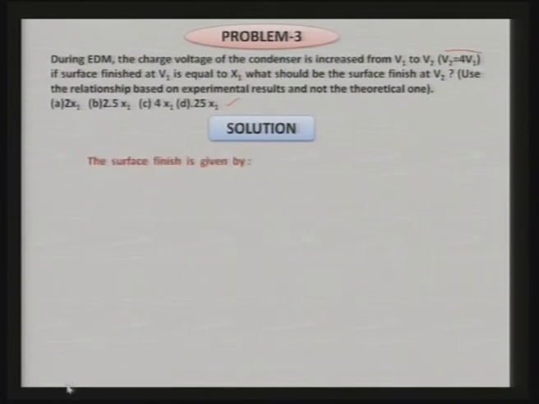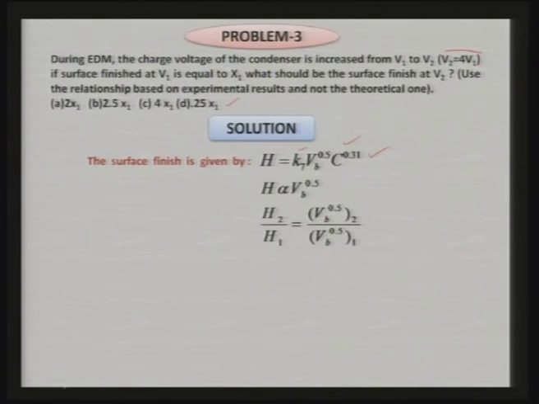The surface finish is given by the formula H = K7 Vv^0.5 C^0.131. Now, H we know is proportional from this particular equation, we can easily see that H is proportional to Vv raised to power 0.5, because this factor C and K7 will remain the same in this particular case.